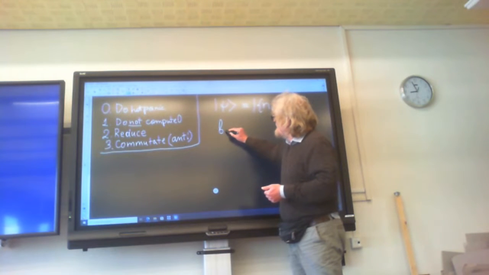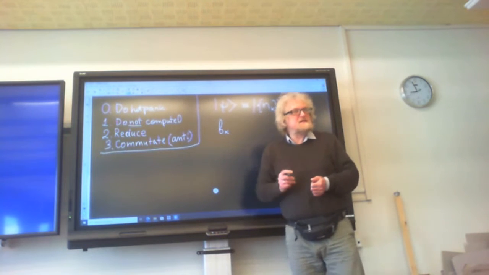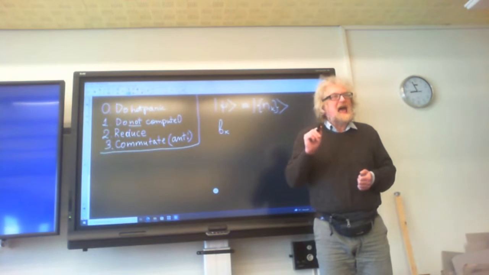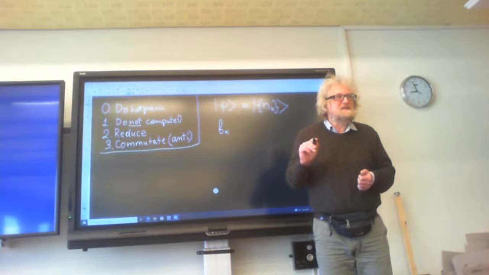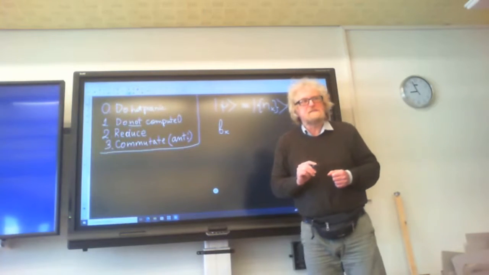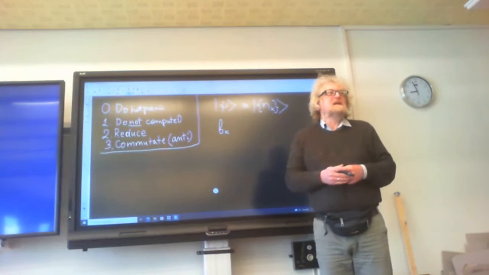So I will operate with operators. And since I'm lazy today, it's too early in the morning, I will not put hats. Normally I would put hats, but not today. Please excuse me, I'd like to just a bit accelerate with this. But anytime you see b, it's an operator.